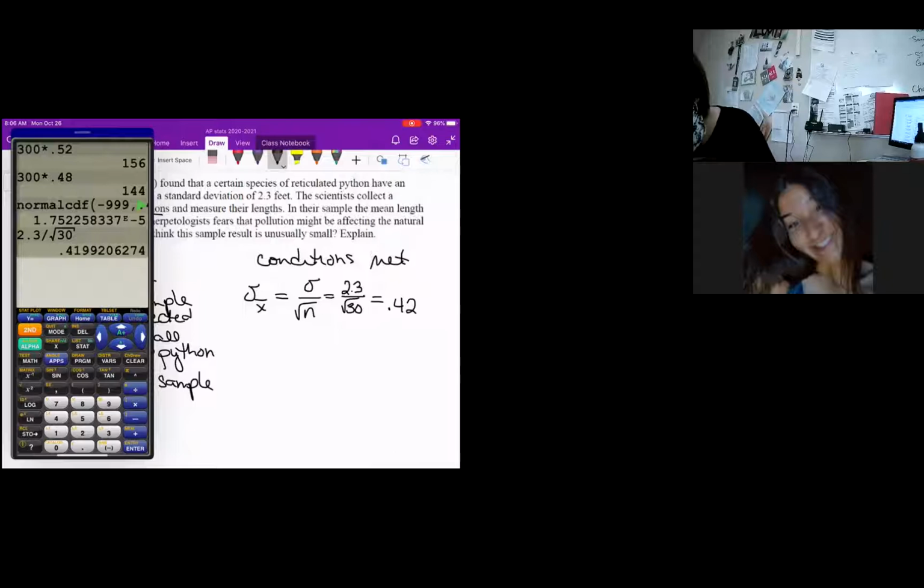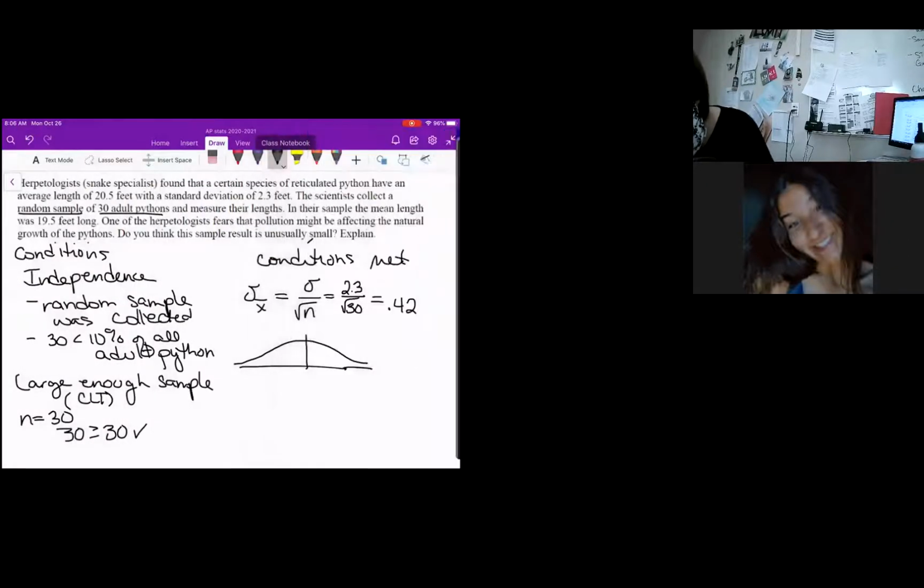If I were to look at my normal model now, here is the mean of the population, and that's 20.5. The mean of my sample was 19.5. Actually, I'm going to do it this way. If I go one standard deviation this way, I'm going to get 20.08.